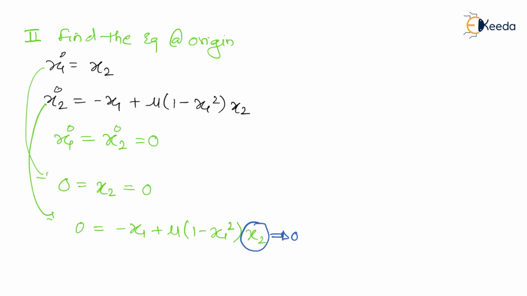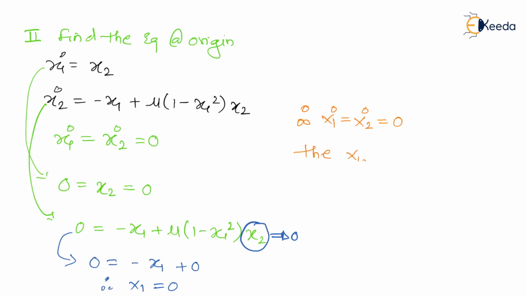Now if this x2 is 0, then this expression becomes 0 is equal to minus x1 plus 0, which means that x1 is equal to 0. So what conclusion do you obtain? Therefore, when x1 dot is equal to x2 dot is 0, then my x1, x2 values are also equal to 0. Simple.